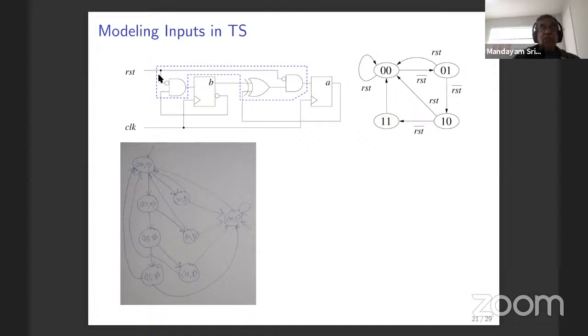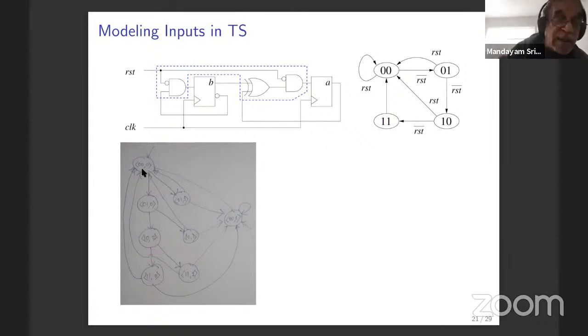And whenever reset is asserted, it is supposed to reset the state back to 0. That's why there is a transition from each of these states where reset is 1 back to 0, 0. So that is the point I was making, that you could use non-determinism.